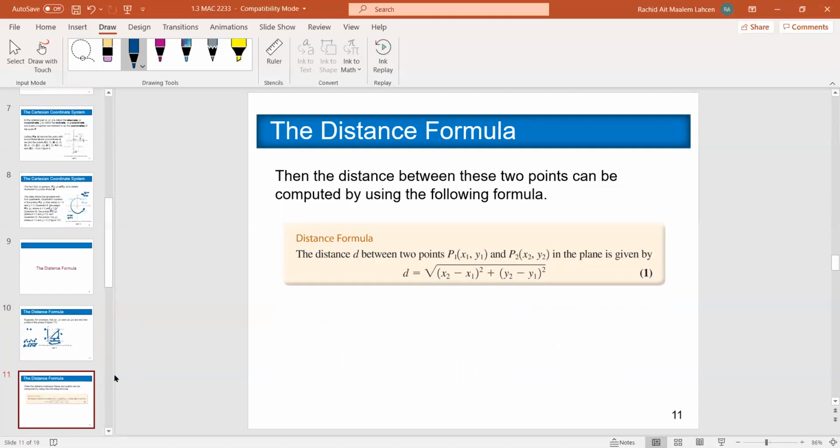So the distance between 2 points, P1 with coordinates x1 and y1, and P2 with x2 and y2, is the square root of (x2 minus x1) squared plus (y2 minus y1) squared, that difference of the run of the horizontal and that difference of the vertical, right? So that's the distance formula, and the common mistake is to forget to take a square root at the end. So don't forget to take that.